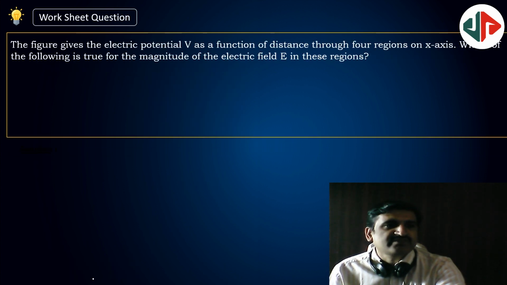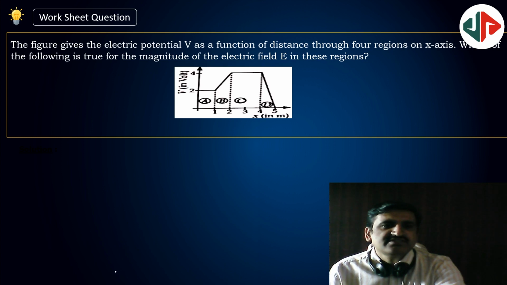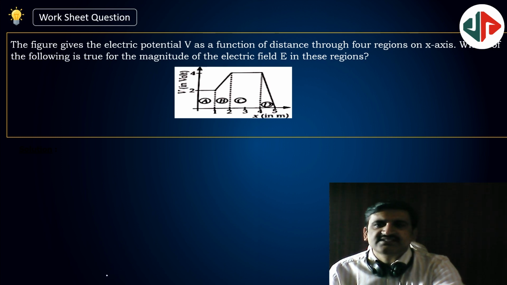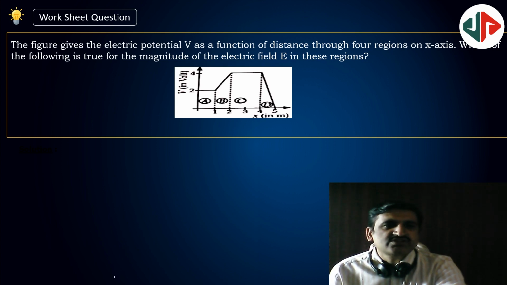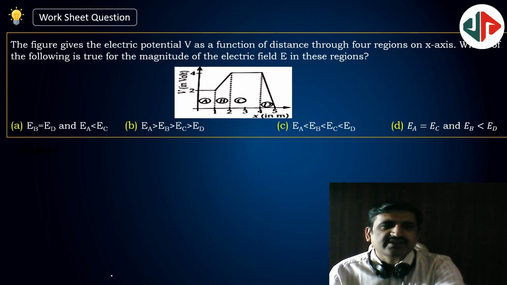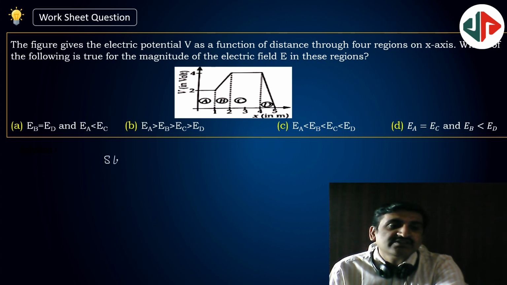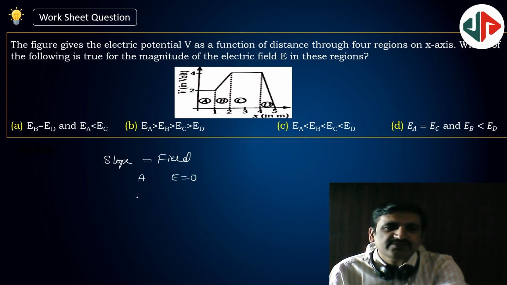Next, the figure gives this. Which of the following is true in the electric field regions? This is volts. Slope will give you field. So in the A region, field is 0 because horizontal, slope will be 0.